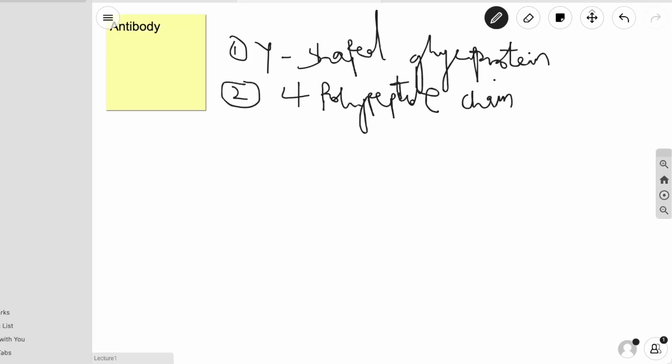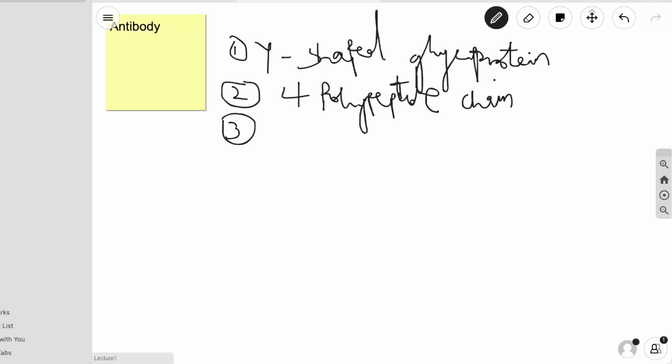Another key note you need to note in the definition of antibodies is this. If I may ask, where is the antibody secreted in the body? Which part of the body is the antibody being secreted? I'll help you with the answer. The antibody is secreted at the plasma cells.